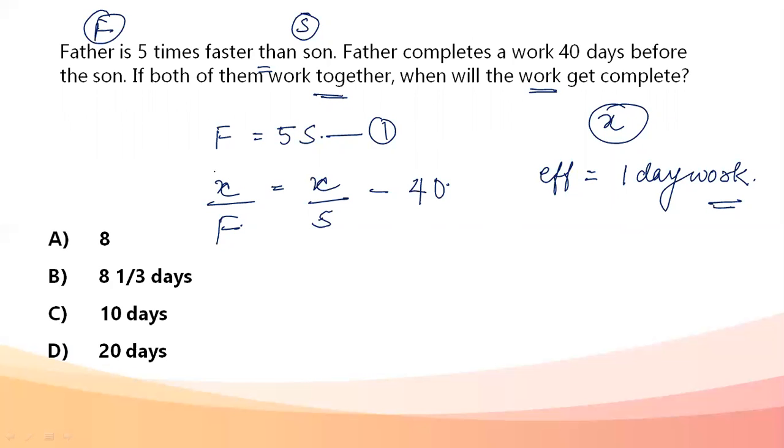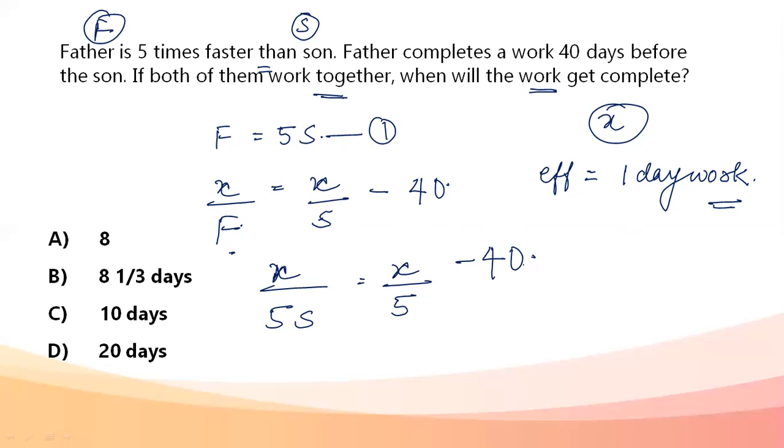So if father's time is equal to son's time minus 40, he is obviously completing it faster. When we solve this, instead of F, I put 5S. So X upon 5S is equals to X upon S minus 40.